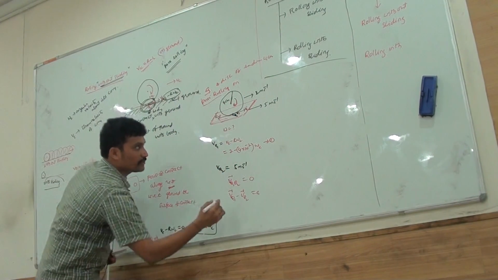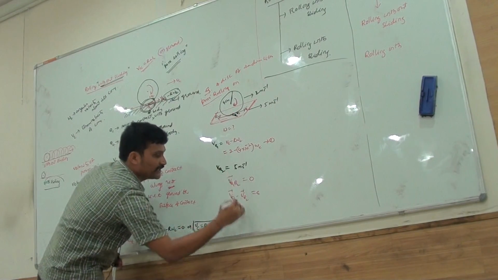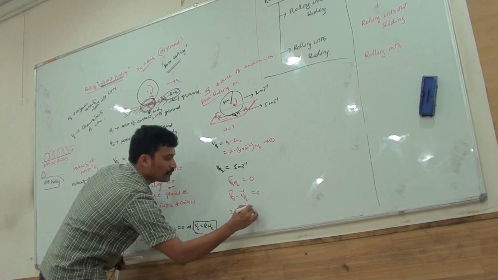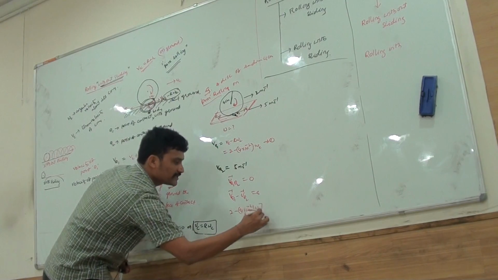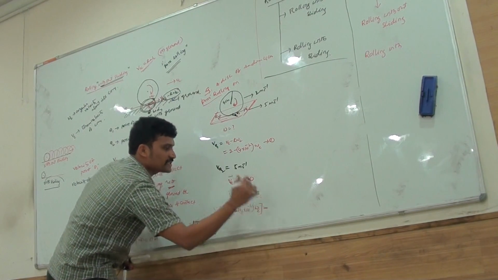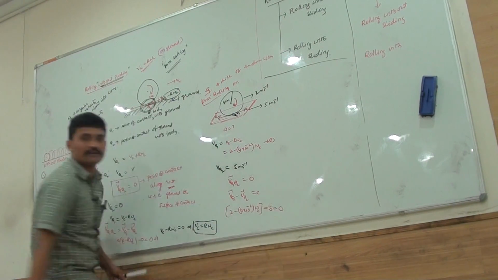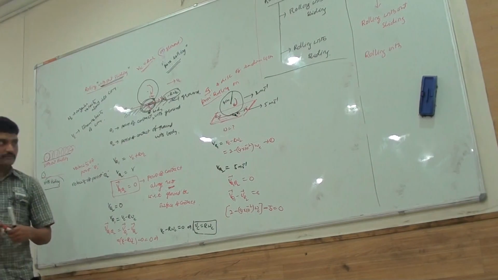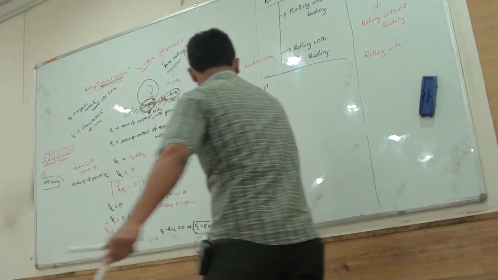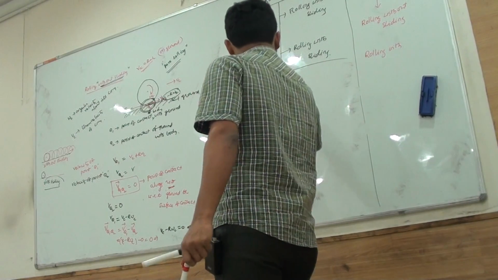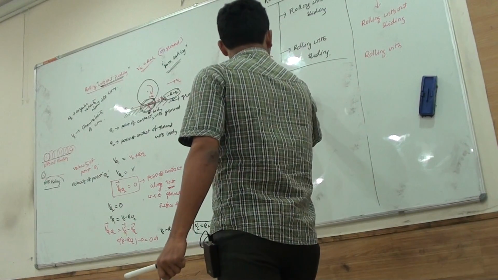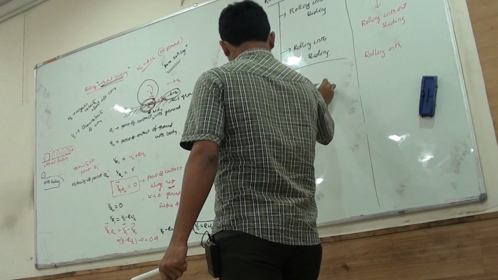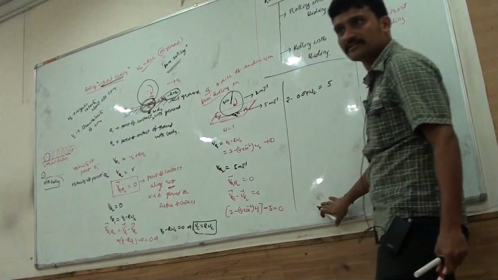So 2 minus 4 into 10 power minus 2 omega C minus 5 equals 0. So 2 minus 0.04 omega C equals 5. Minus 5 goes to this side.